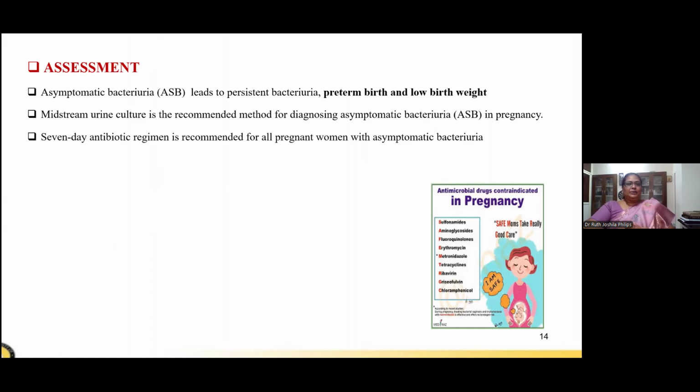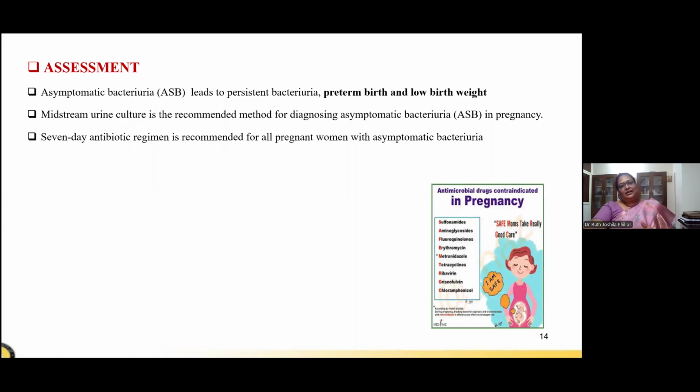and then you know that they are suffering from asymptomatic bacteriuria. So it is mandatory for all pregnant women to go through culture and sensitivity. Even though they do not have any signs and symptoms of urinary tract infection, we suggest that at least once, by the end of their third month, 12 weeks of pregnancy, they go in for culture and sensitivity of the urine to find out if there is any asymptomatic bacteriuria.